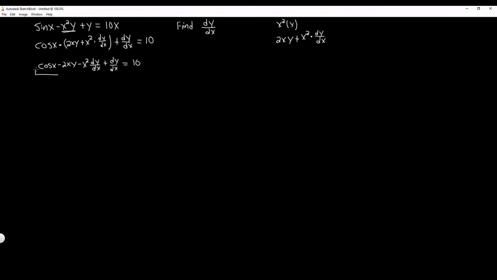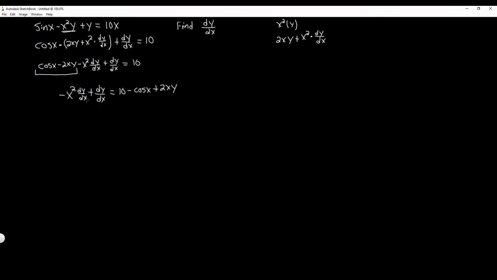So we're going to move this part of the equation over to the right by adding and subtracting them off. So this is going to be equal to negative x squared dy/dx plus dy/dx is equal to 10 minus cosine x plus 2xy. And that is that part of the equation.